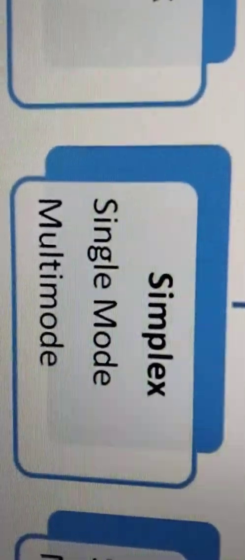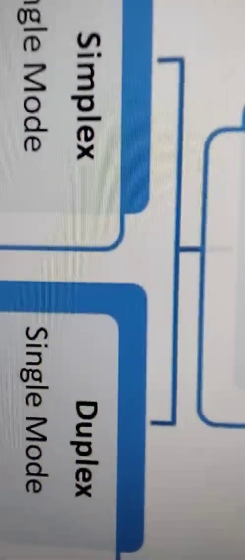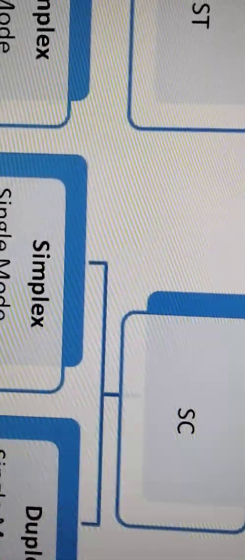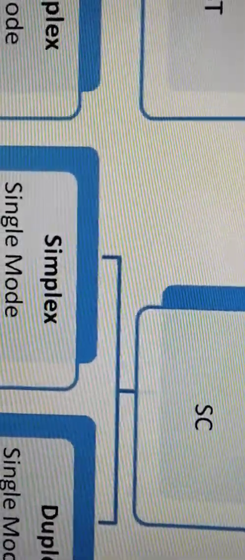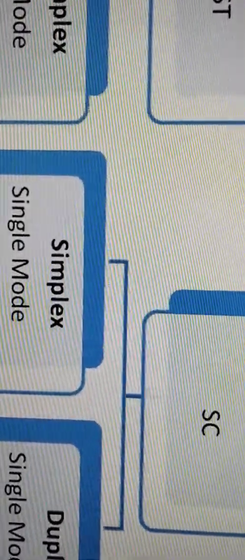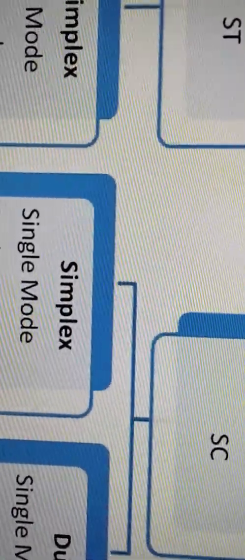So note SC: simplex, single mode, multi-mode, duplex, single, multi-mode. And there is a latching connector with a boot and ceramic ferrule. All connectors are somewhat the same.